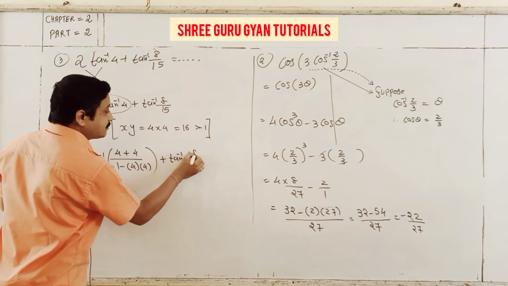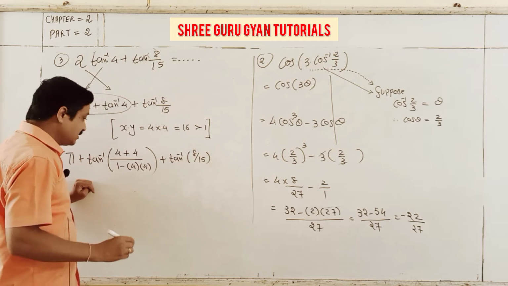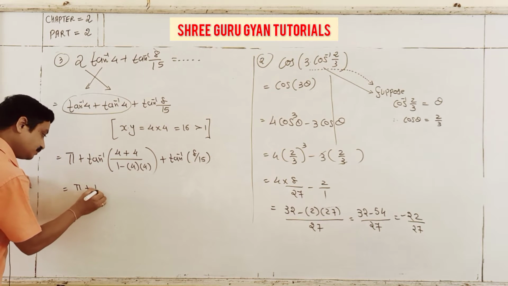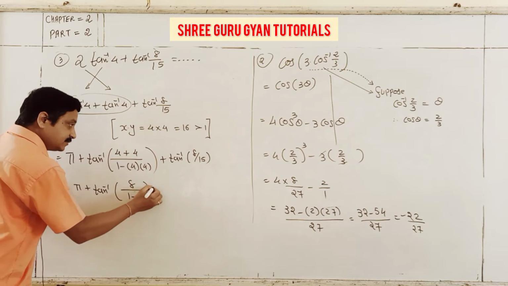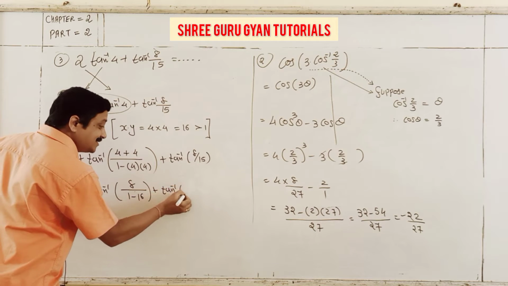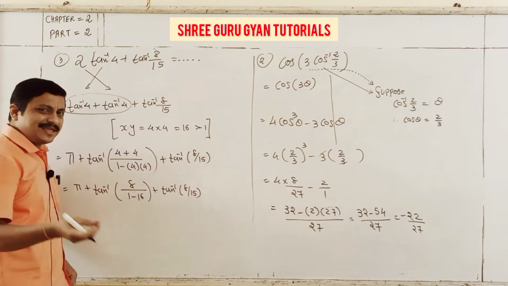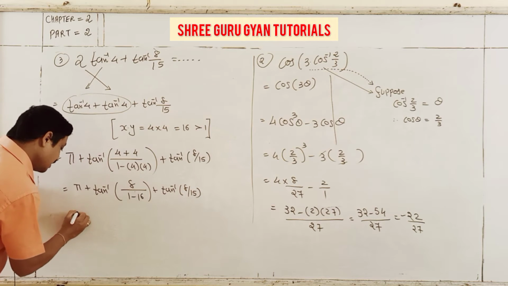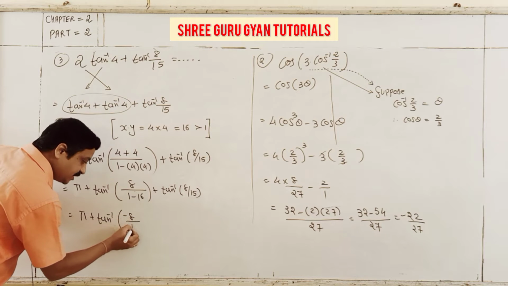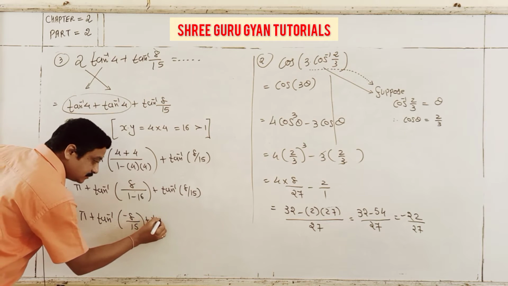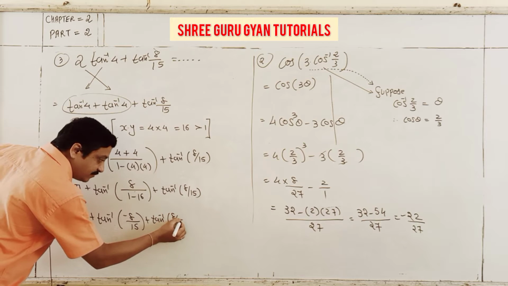Last class also I explained that type 1 numerical. Now solution. 4 and 4 is 8, 1 minus 16, and that is the same as, and that's very easily solved here. Tan inverse 8 by 15 but minus, and that also 8 by 15.